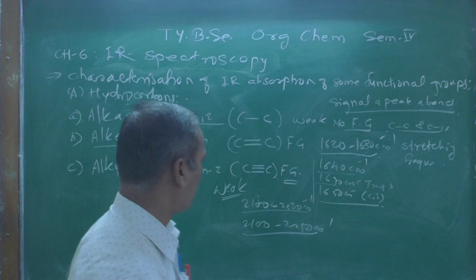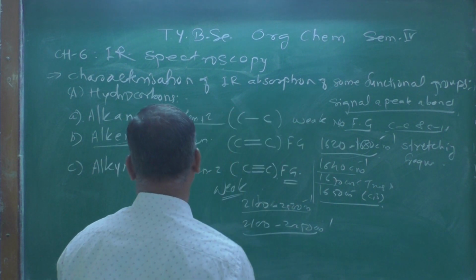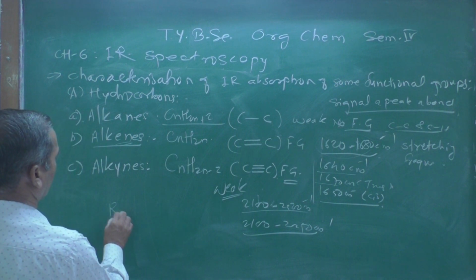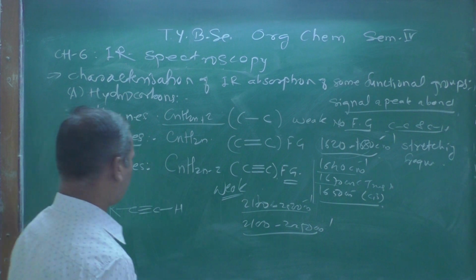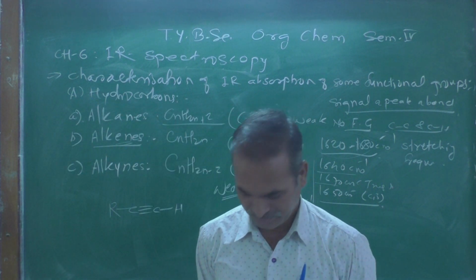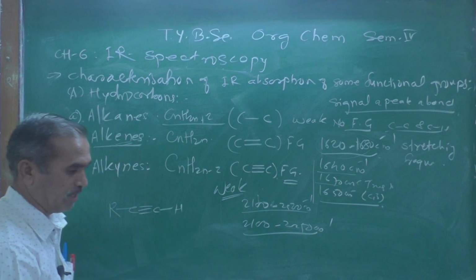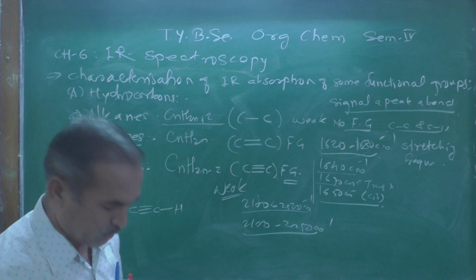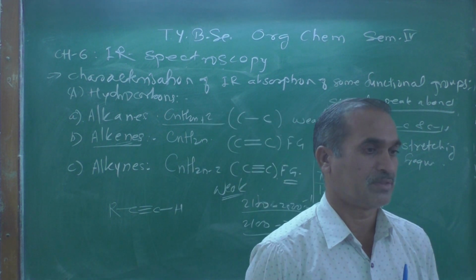In addition to this, suppose there is RC triple bond CH, a terminal alkyne. It will produce two distinct peaks.